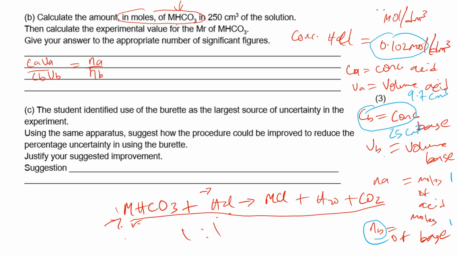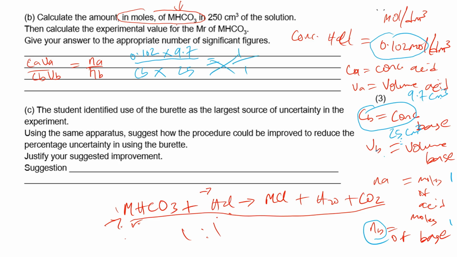So we put all these values into this equation. Ca is 0.102, multiplied by the volume, which is 9.7, divided by the concentration of base, Cb, which is what we are looking for, multiplied by the volume of the base, which is 25. This is equal to Na over Nb, which is 1 over 1.